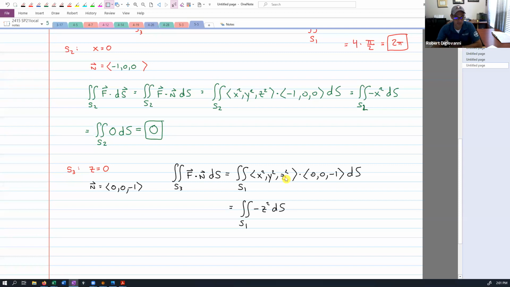But what's z? 0. Why did I put S1 again? I'm sorry, it's S3, negative z squared dS, which is 0. Okay, so no contribution to flux off the bottom.